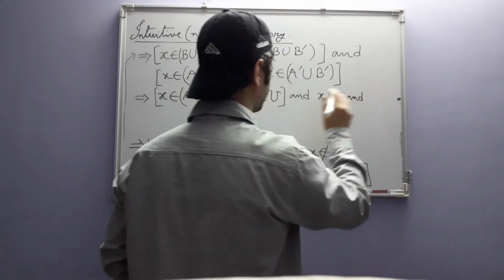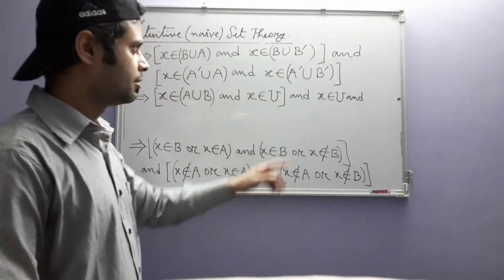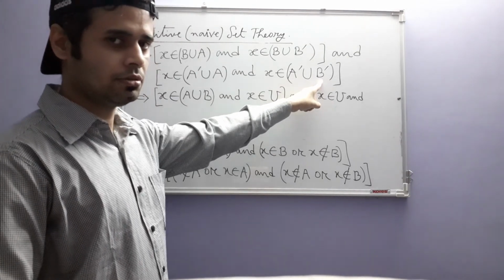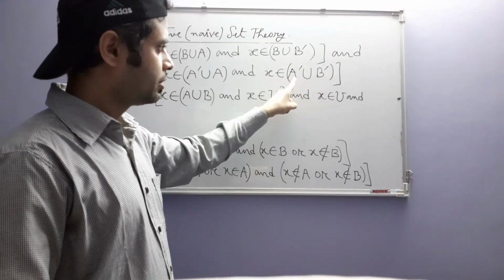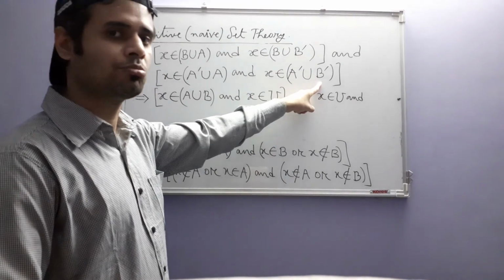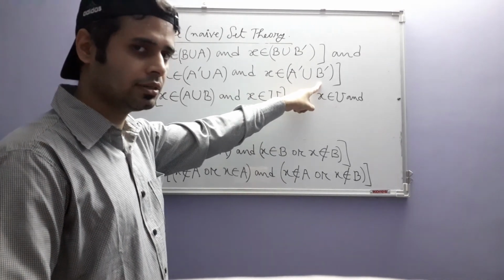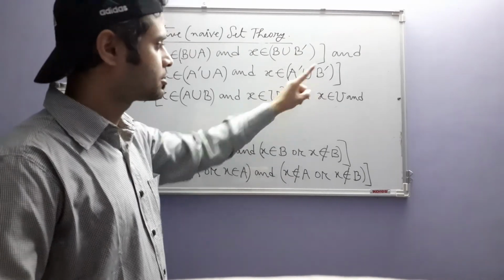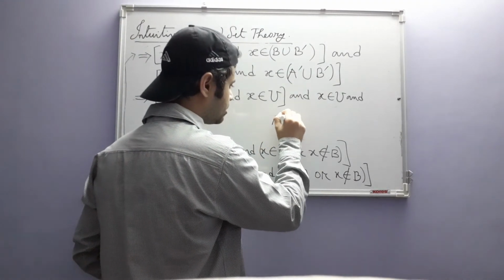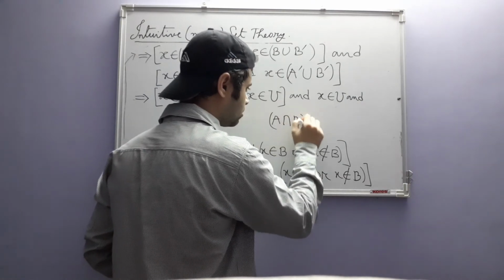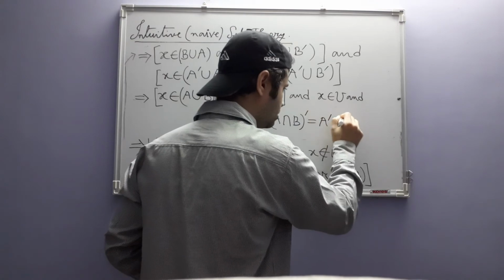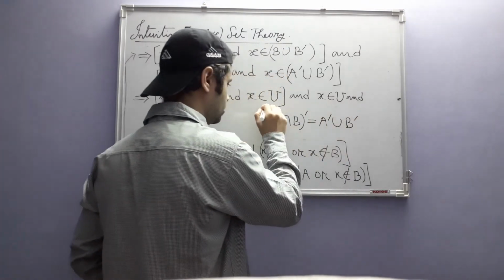And okay, now here you see, looking at this form, this union, do you remember anything? It looks like it has appeared somewhere in some law previously. One of the De Morgan's laws, which says that A intersection B complement is equal to A complement union B complement.